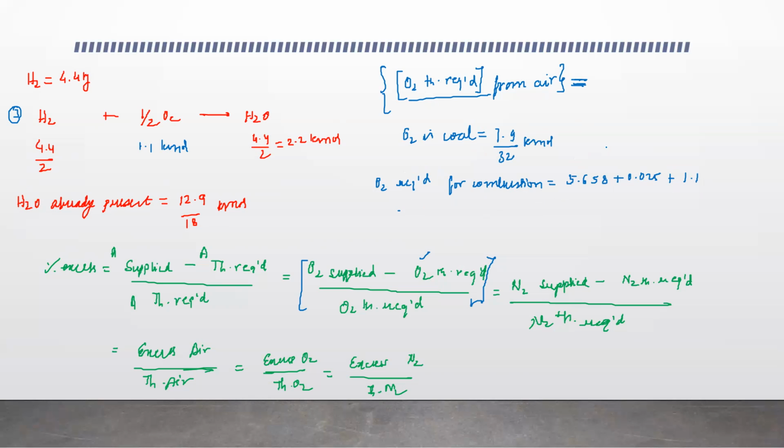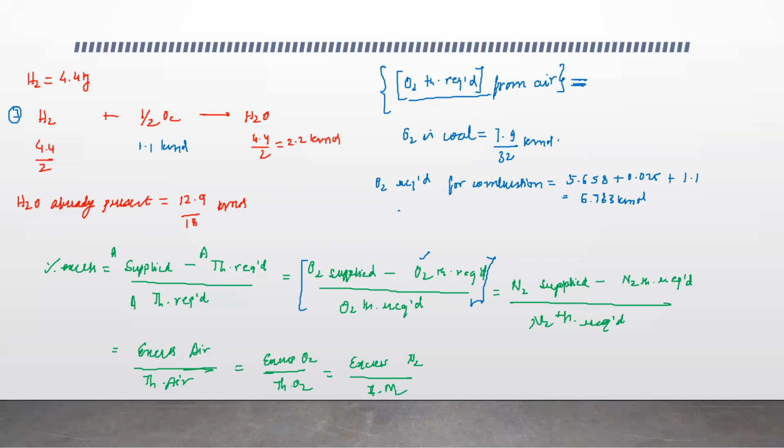Oxygen required for combustion is 5.658 plus 0.025 plus 1.1, which is equal to 6.783 kilomole.